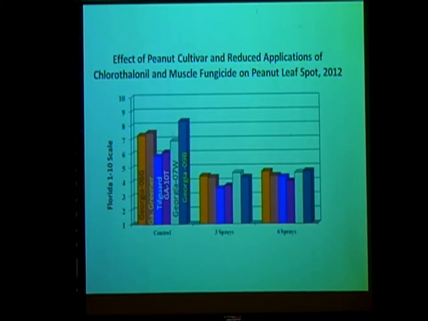Tifton, as we'd seen in the past, does have a moderate level of resistance to early and late leaf spot, but Georgia 10T we saw was in that same ballpark, so a little resistance in that. 10T is a later maturing variety, so it takes a little longer, but still more forgiving in terms of leaf spot management based on the results we had in 2012. 2012 was a good year for leaf spot.